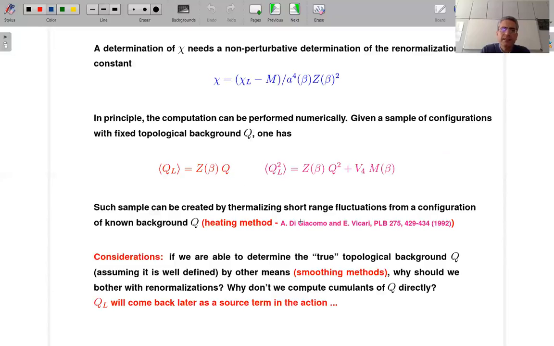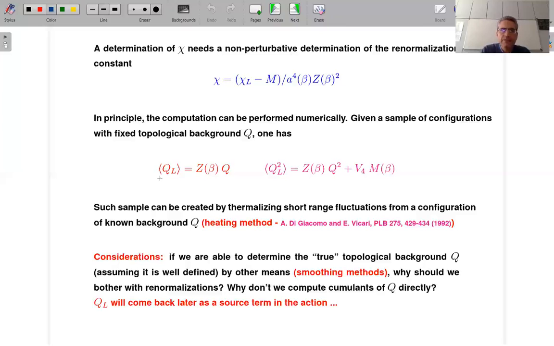One possible idea is to prepare a sample of gauge configurations where you know what the underlying topological background is from some other method, and then you thermalize the short range fluctuations which are responsible for the renormalizations.